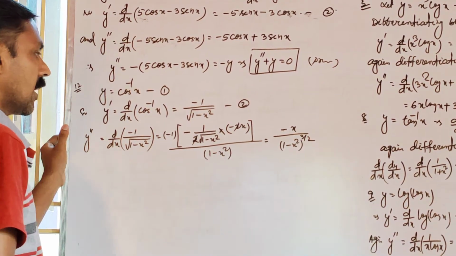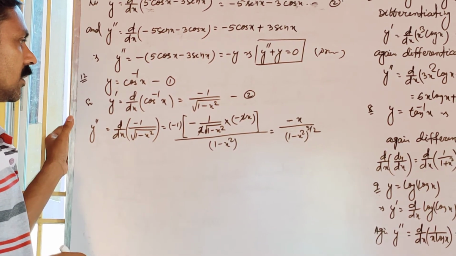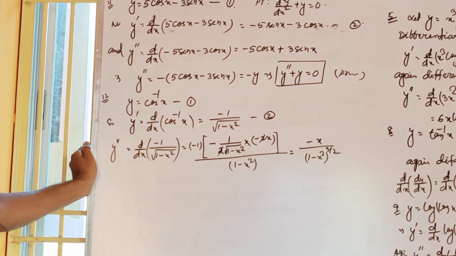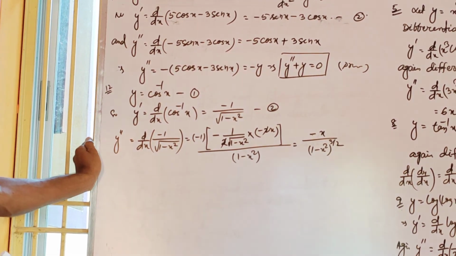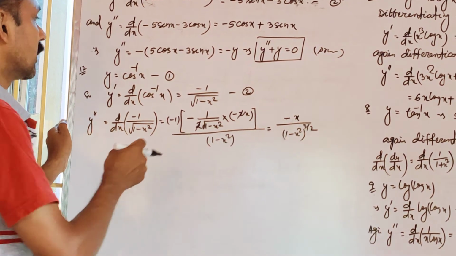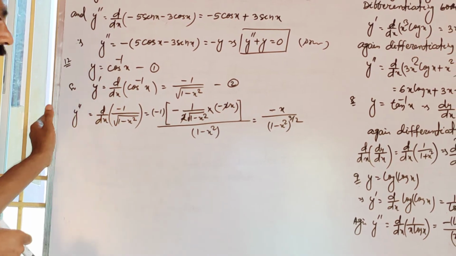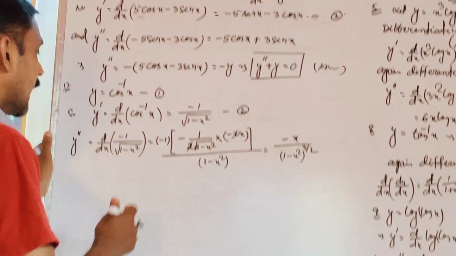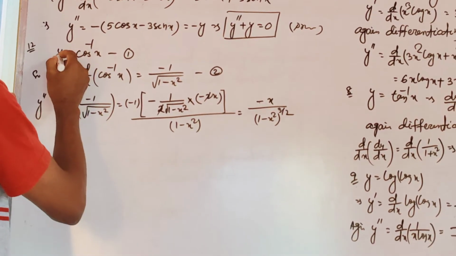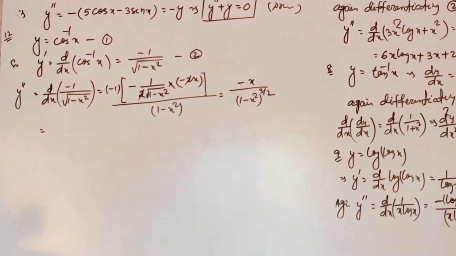This is 1 and half. Now, how will you convert it in terms of y only? Here you see, how will you convert it in terms of y? I can write y equal to cos inverse x, so x will be cos y. Isn't it?